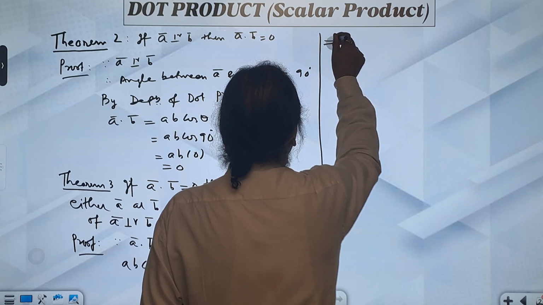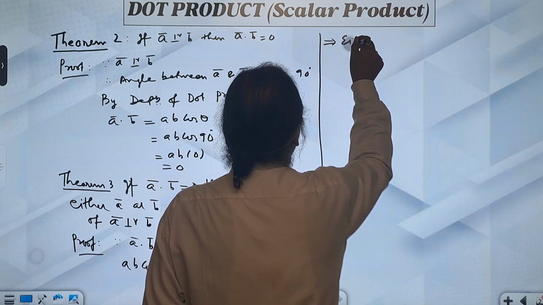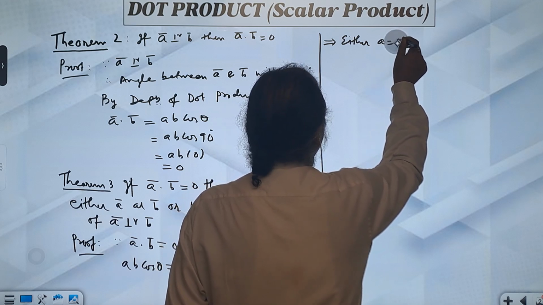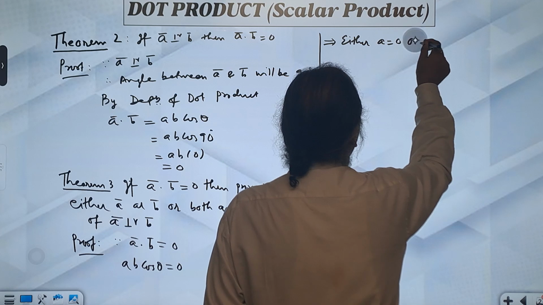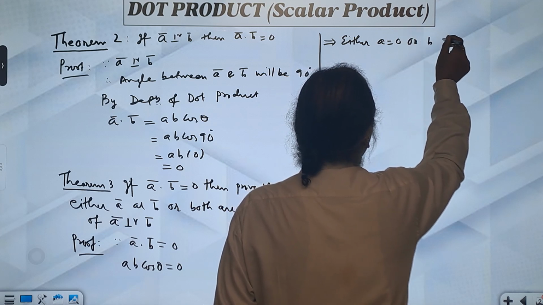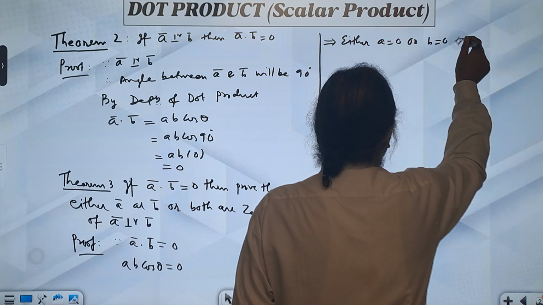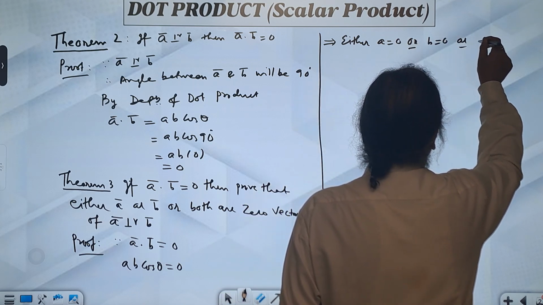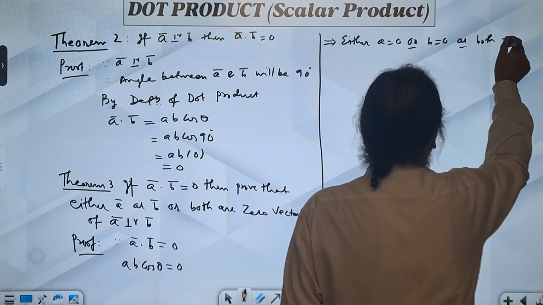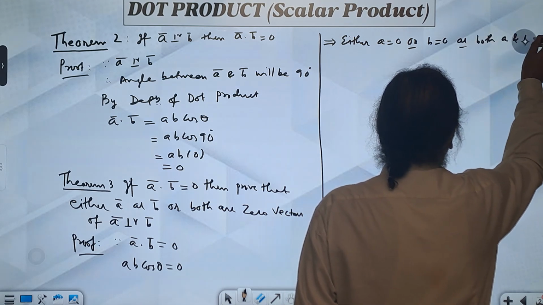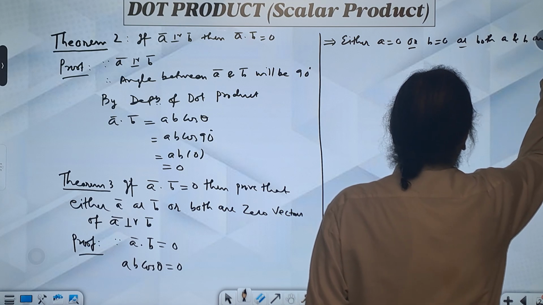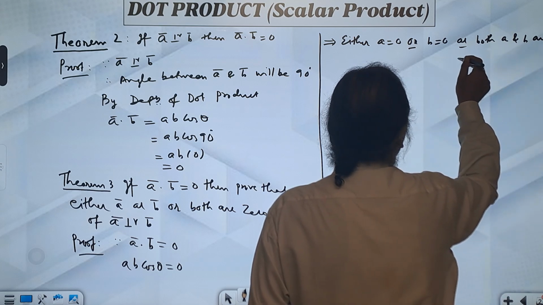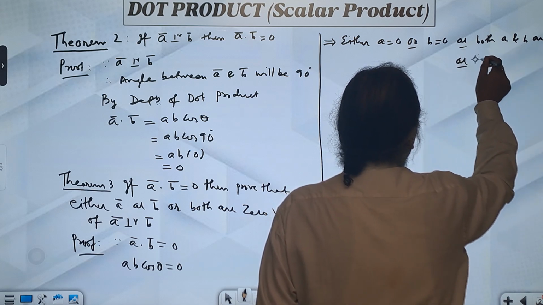So this implies either A is equal to 0 or B is equal to 0 or both A and B are 0, or cos theta is 0.